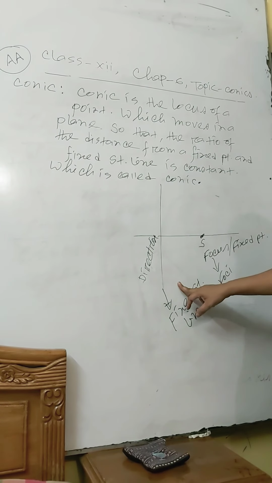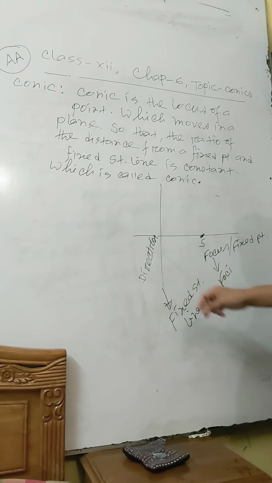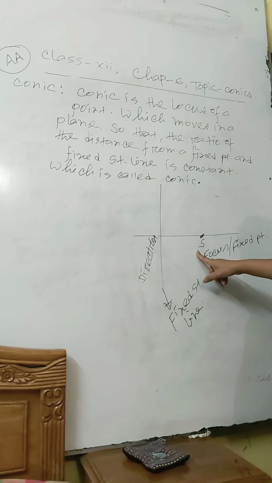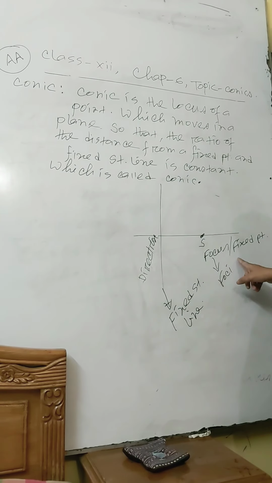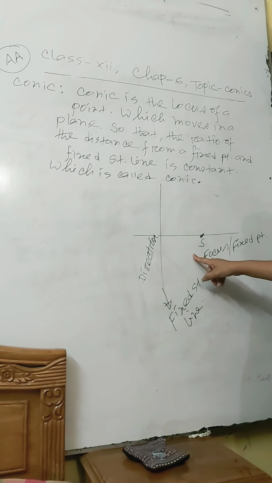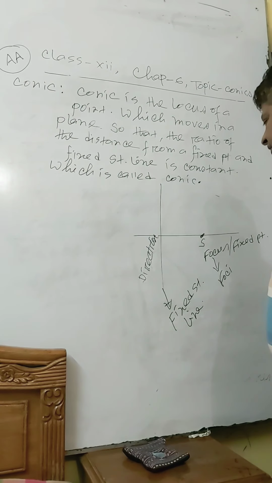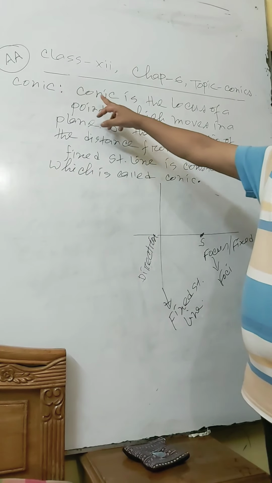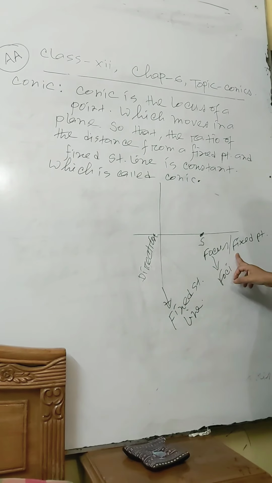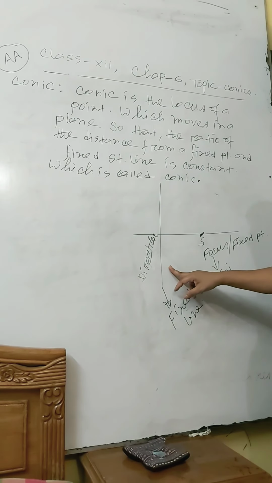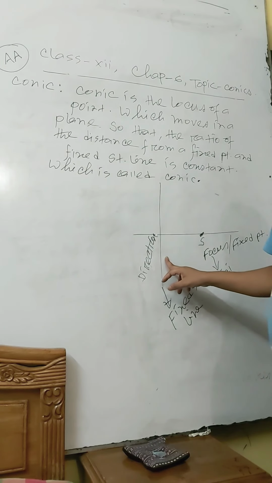The fixed straight line is known as directrix. Fixed point is known as focus or foci, which is generally denoted by S. Let us now give the definition. What is focus? Fixed point is known as focus and the fixed straight line is known as directrix.